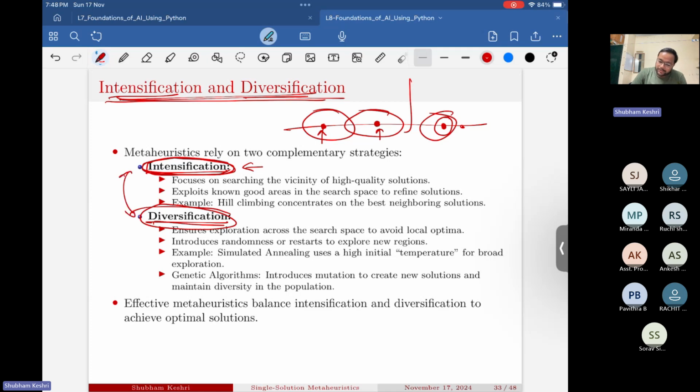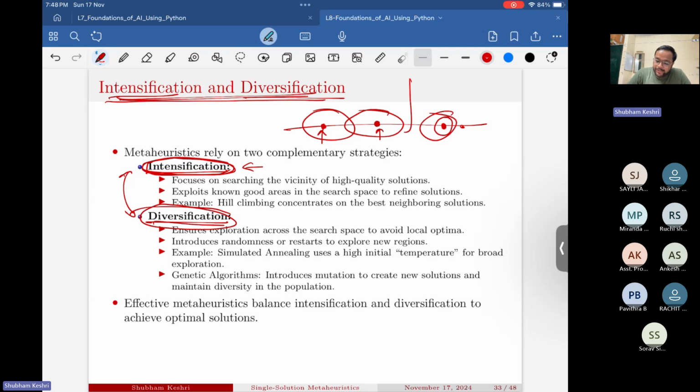So these two come hand in hand. If you don't diversify, you may get stuck in local optima. So you should diversify in some way and intensify when you think कि this is a good solution. So both are important. Diversification is also important and intensification is important. I'll give you one example when diversification can be bad.